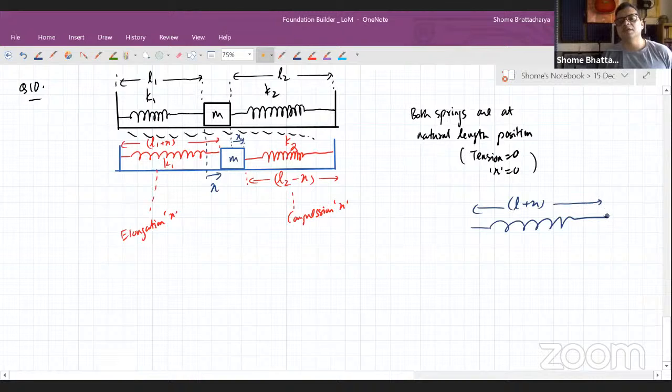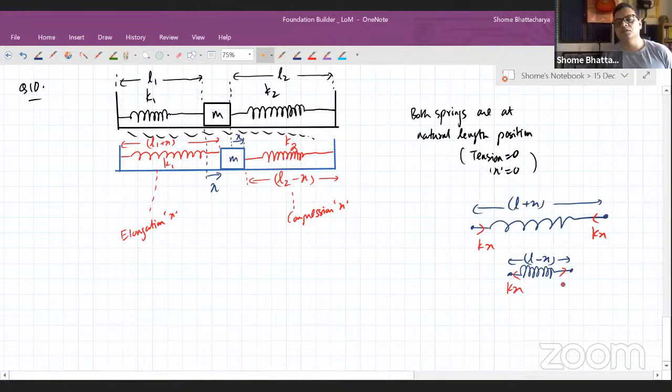Now you know that when a spring is elongated, what type of force does it apply at the two ends? An inward force, of magnitude kx. Whereas when we compress a spring by x, the force acts outwards.